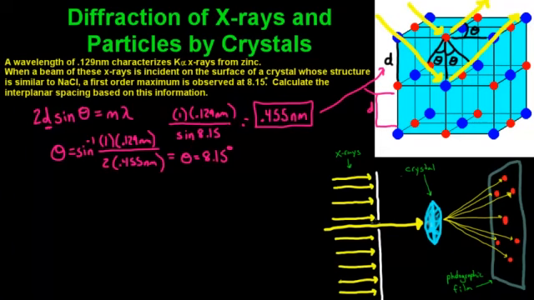Alright, and then down here I just drew a little picture of what's going on. You've got your X-rays going through this little slit, and then through this crystal, which is this whole structure. Then the X-rays bounce off and are shot out here in a pattern, okay?